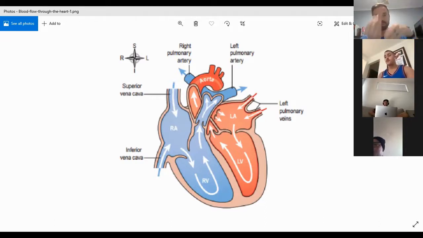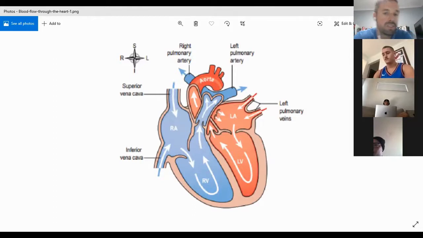Top part of the heart goes, bottom part of the heart goes. So the role of the right ventricle is to pump deoxygenated blood to the lungs. We've got to get that blood back to the lungs so the lungs can give it oxygen. So that's number 7, pumps deoxygenated blood back to the lungs.